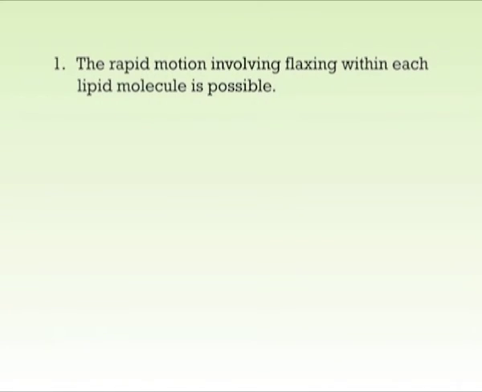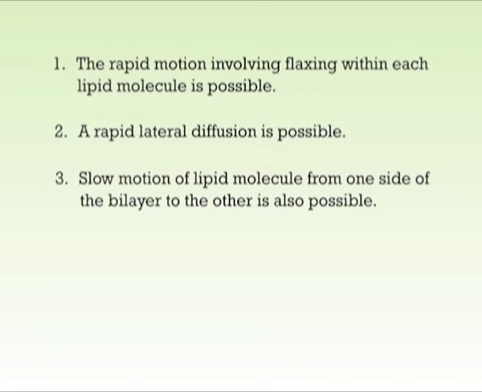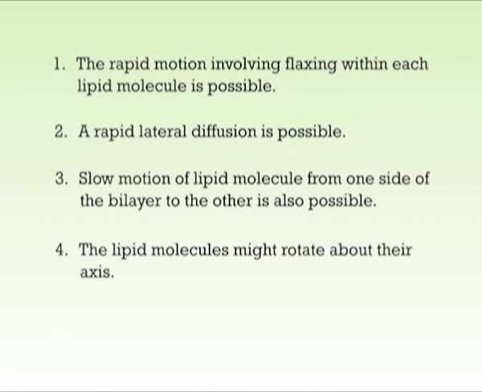First, the rapid motion involving flexing within each lipid molecule is possible. Second, rapid lateral diffusion is possible. Third, slow motion of lipid molecules from one side of the bilayer to the other is also possible. Fourth, the lipid molecules might rotate about their axis.